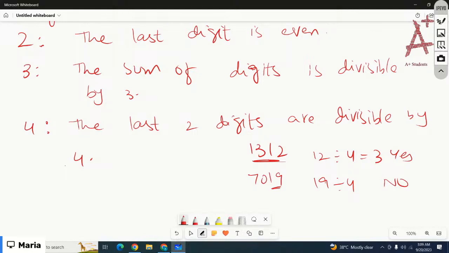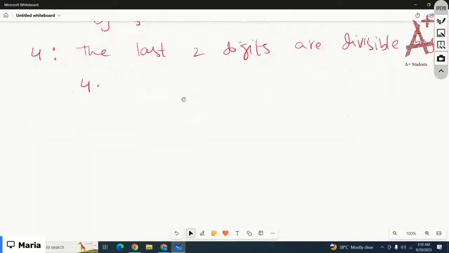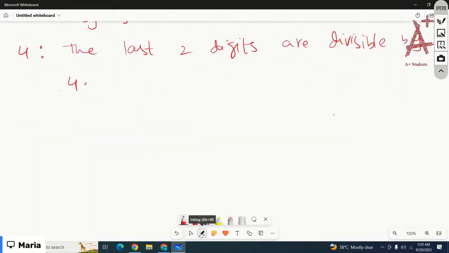Okay, let's just do the divisibility test for 5. I think until 8 it is enough. Okay, let's just see the divisibility rule for 5, right? The divisibility rule for 5 is the last digit is 0 or 5, right?